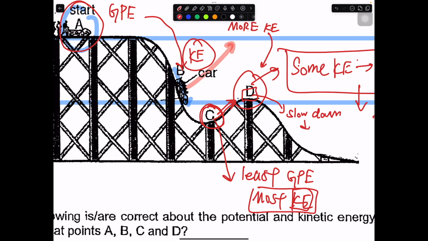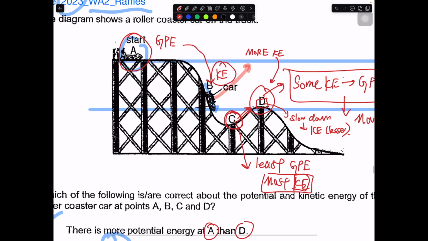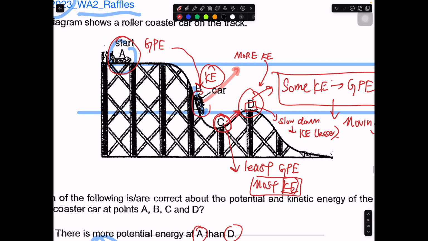Because of its speed slowing down, the KE must be way lesser, or at least less than B. Because B is falling down the slope, it should have a lot more than D, which is just moving up to a point before it falls down again.